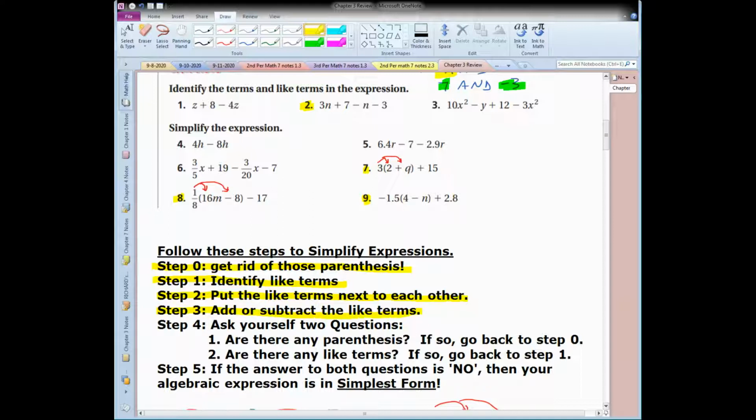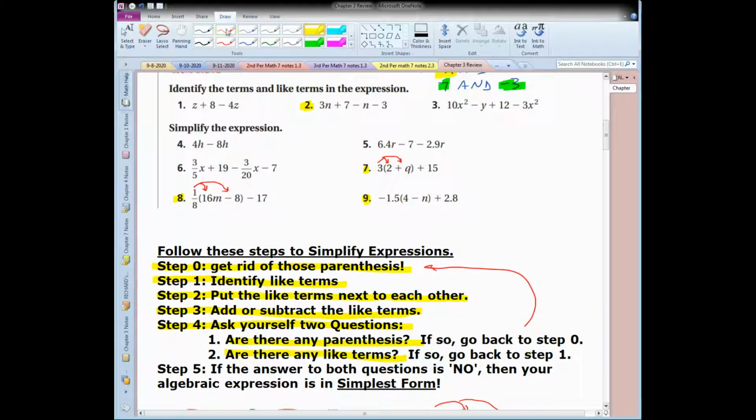So that depends. Do you need to add them or subtract them? And then there's 2 questions you have to ask yourself. You have to say, self, are there any parentheses? If there are, then you have to go all the way back to step 0 and get rid of the parentheses and then go through all this again. The next question you have to ask yourself, are there any like terms?